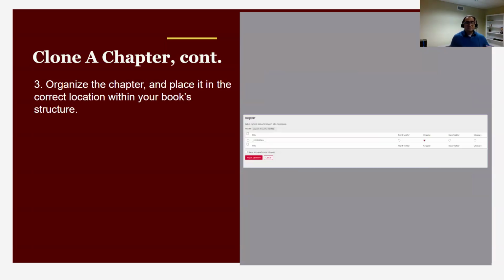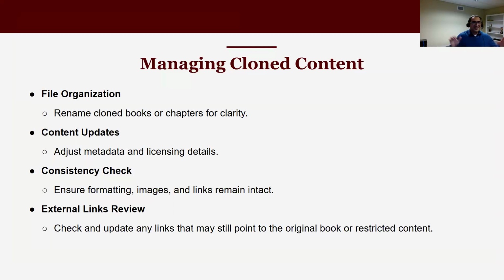And then that would allow you to import the selection and then organize it into your book, place it in the correct place within the book's structure. That's it. These are the two ways of cloning content and importing chapters or parts.